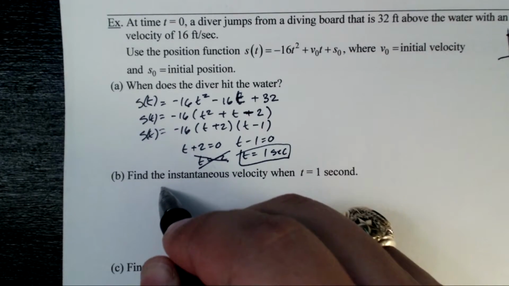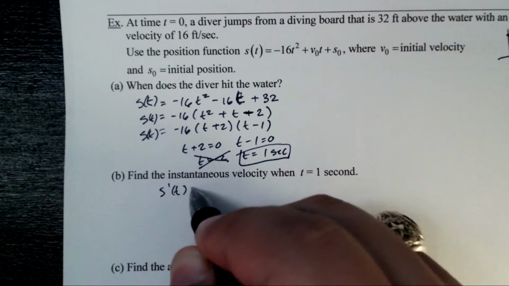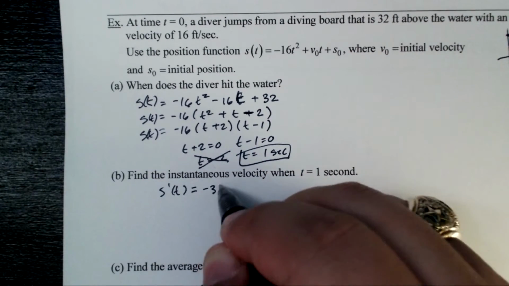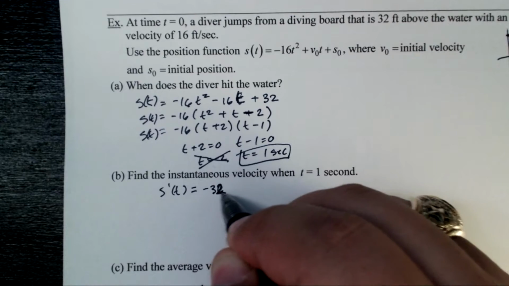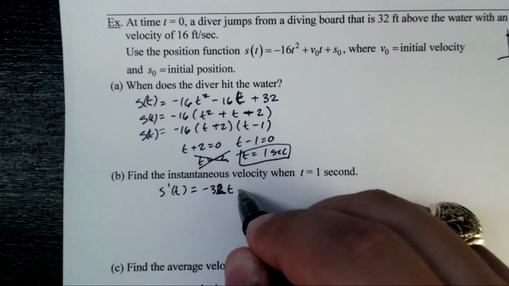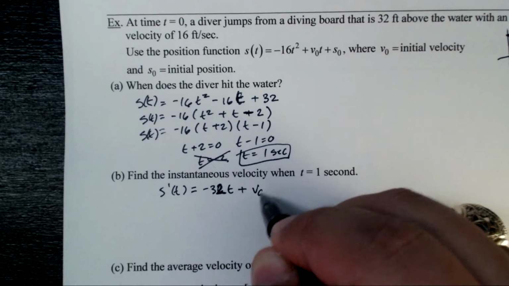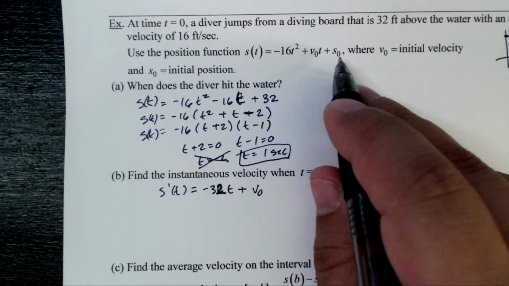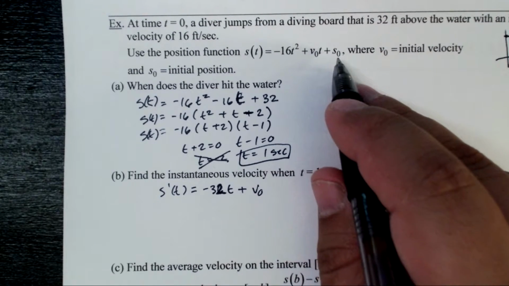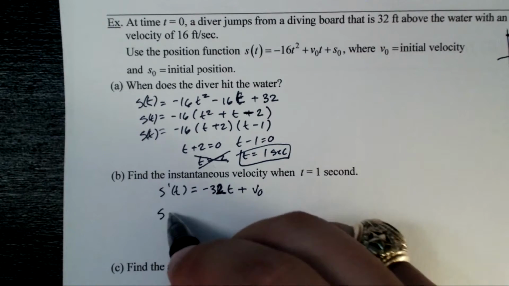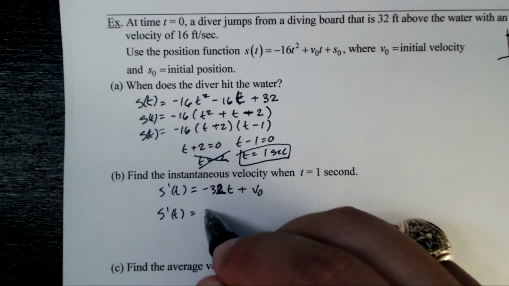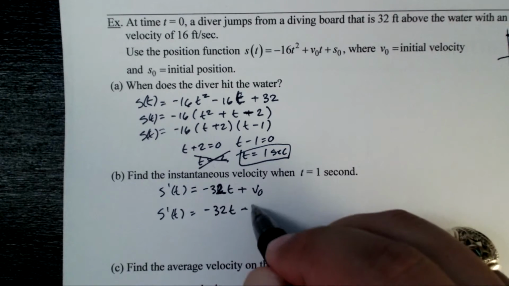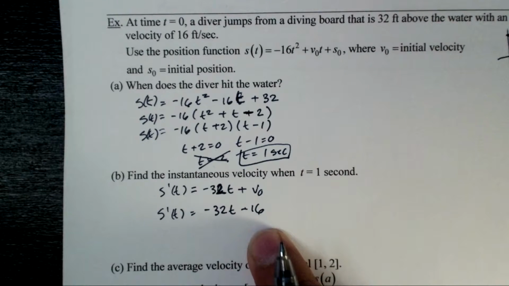So s prime of t is going to be, by the power rule, drop the 2, negative 32t plus v naught, because the t goes away, t to the 0 is just 1. S naught goes away, becomes 0, because it's a constant. So in other words, s prime of t is equal to negative 32t minus 16, because our v naught was negative 16.